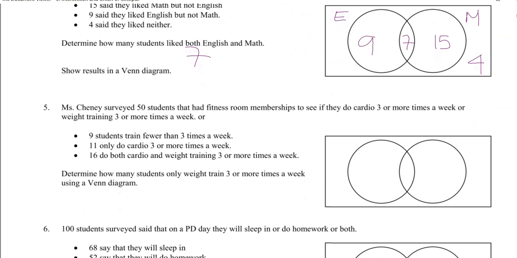Ms. Cheney surveyed 50 students that have fitness room membership to see if they do cardio 3 or more times a week or weight training. So we got cardio, weights. All right, fill it in. So a lot of this unit is analyzing situations, right? A lot of interpreting the language, right?